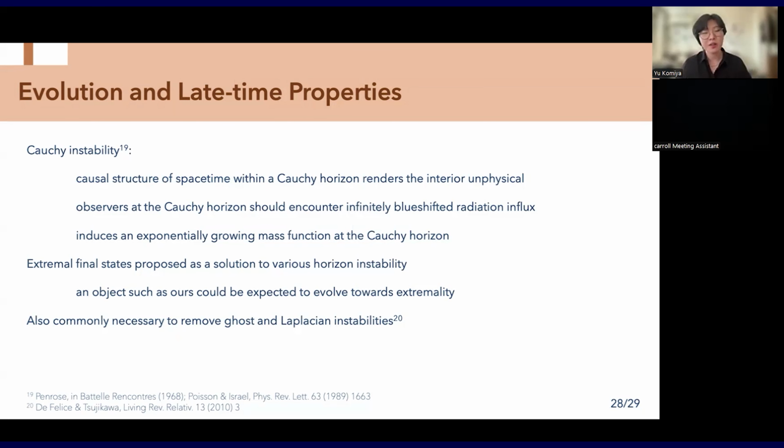And by this argument, a lot of people who construct Reissner-Nordstrom and also Kerr-Newman black holes do mention that the object needs to somehow evade this issue with the mass inflation at the Cauchy horizon.